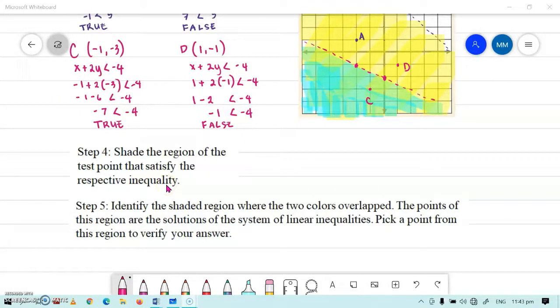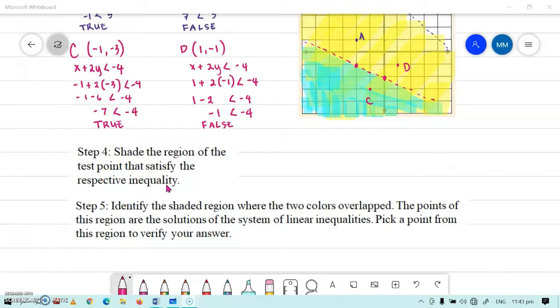Proceeding with the last step, we need another point which is located on the overlapped shaded region to identify whether our shaded region is correct or not.